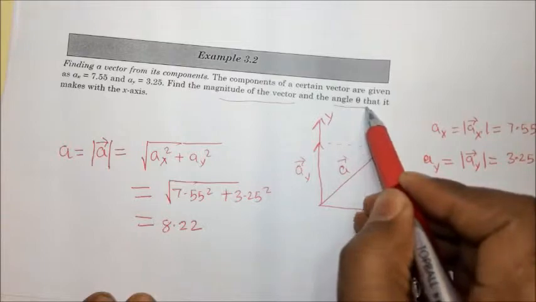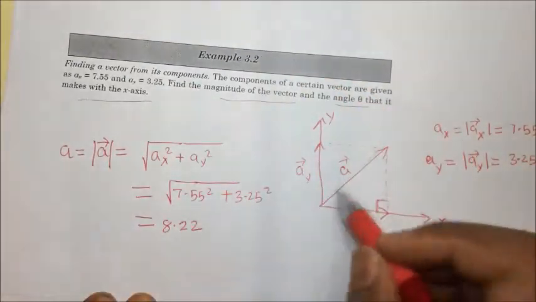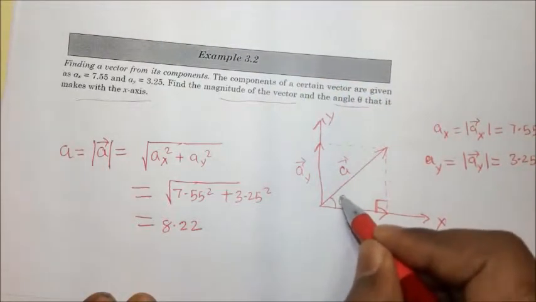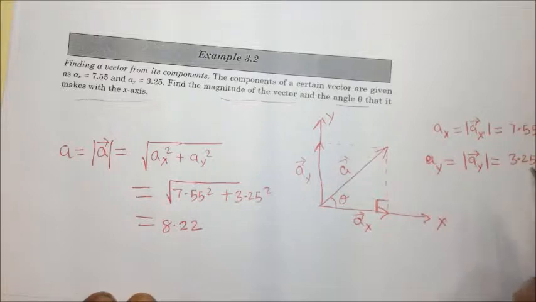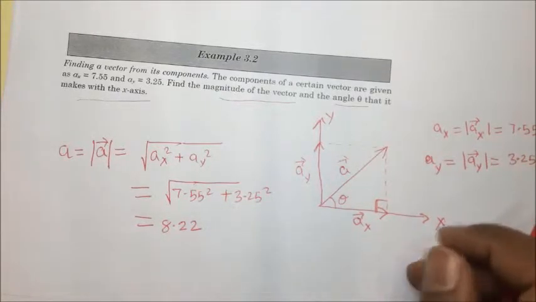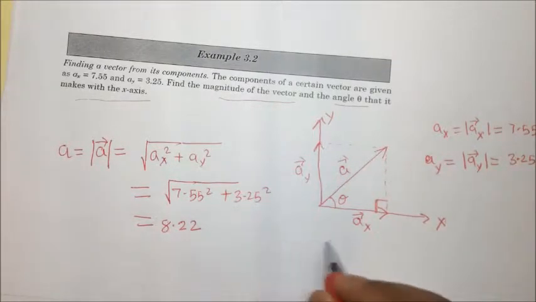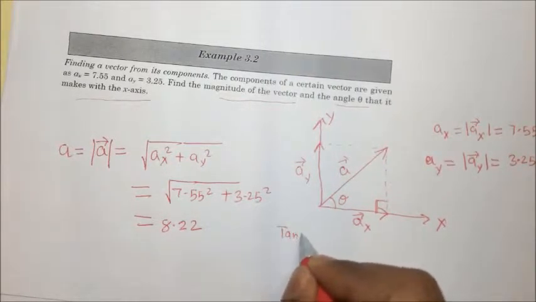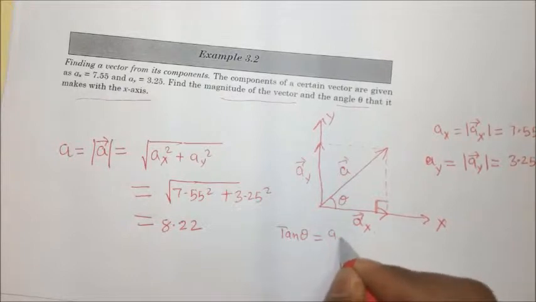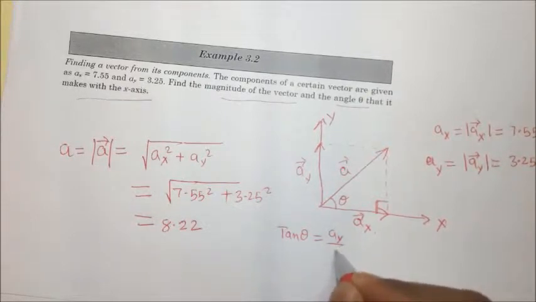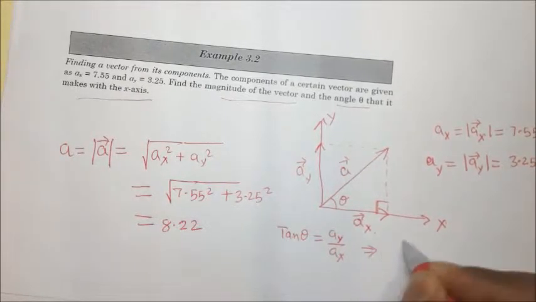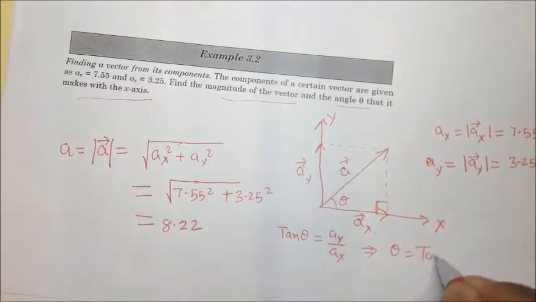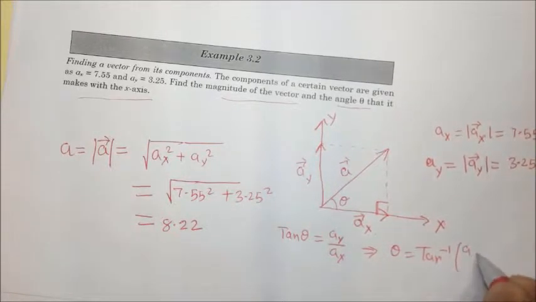And the angle theta that it makes with the x-axis. Suppose this angle is theta. Can we find theta? Tan theta is going to be Ay over Ax. So theta is going to be tan inverse of Ay over Ax.